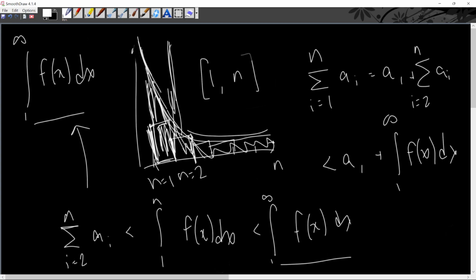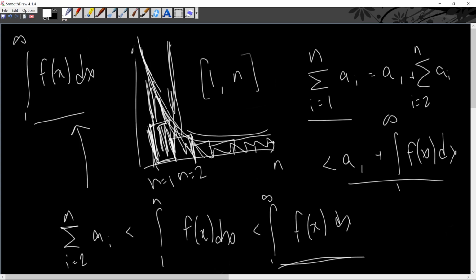Right? If we added a1 to both the lower bound and the upper bound, then we'd be saying that this series is less than this plus a1.